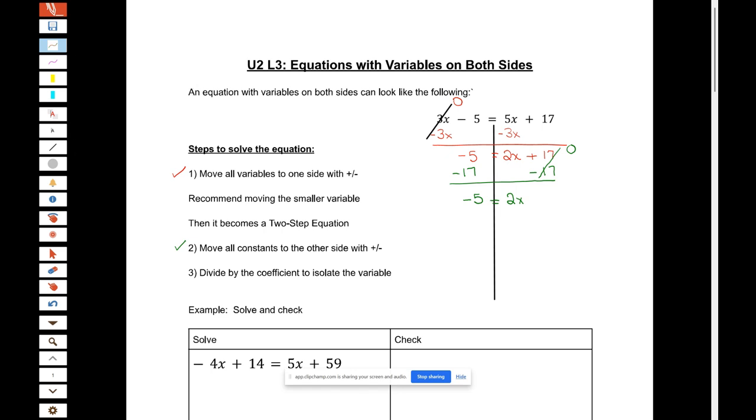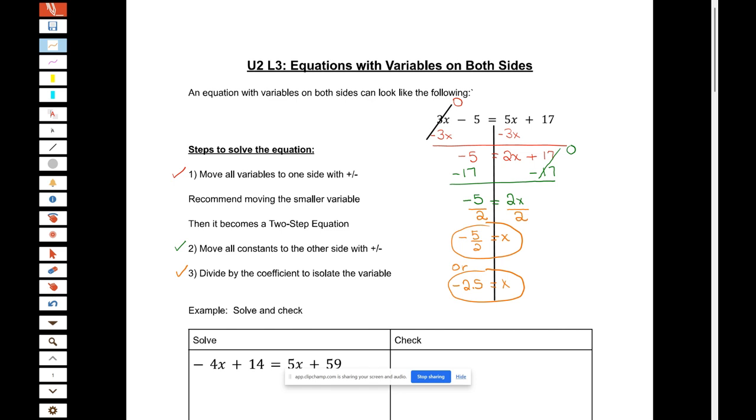And then the last step is to divide, because now we have a one-step equation, by the coefficient of the variable on both sides, and I get x equals negative 5 halves or negative 2.5. Either way is fine.